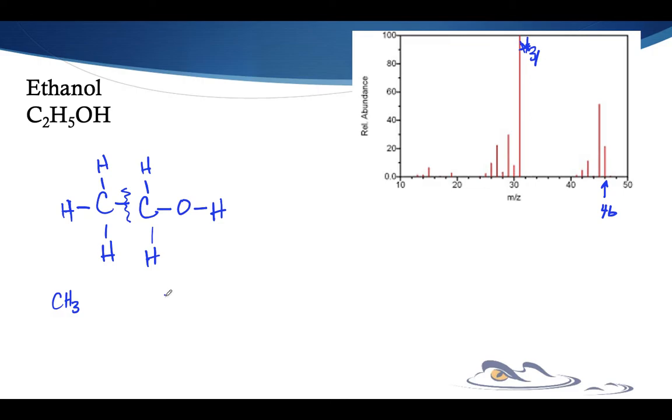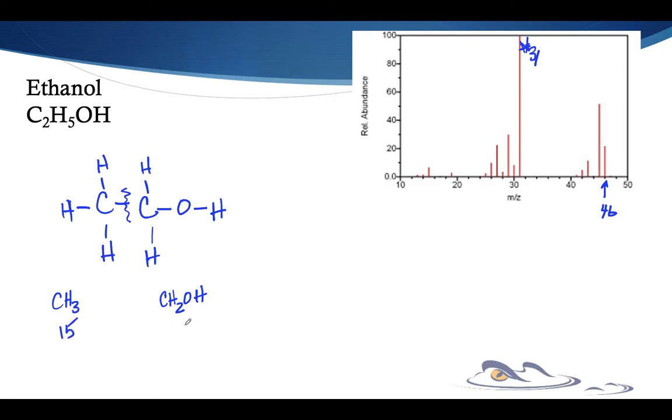And then I would have this other piece that would be a CH2 and an OH. Yes? So how much does this piece weigh? See, if I broke that up, if this molecule broke right here in the middle and had those two pieces, what would I have? This piece here would weigh 15, right?